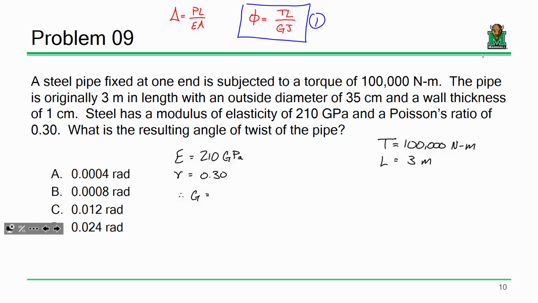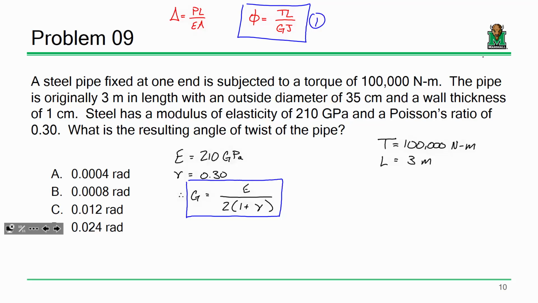You compute that by taking E divided by 2 times 1 plus nu, which we covered in finite elements, didn't we? Or did I show you all that in finite elements? I can't remember if I did or not. That's formula number 2. I challenge you to find this one.